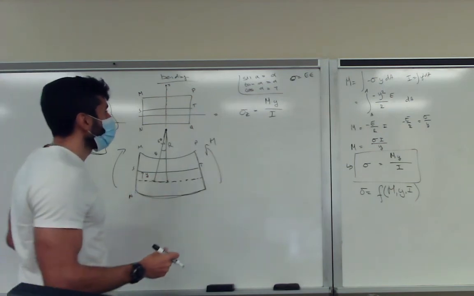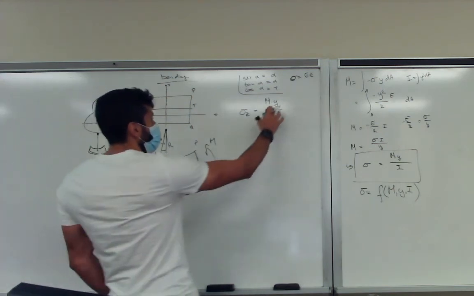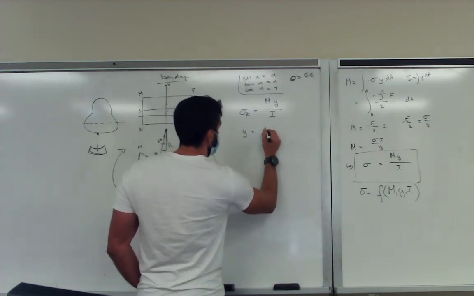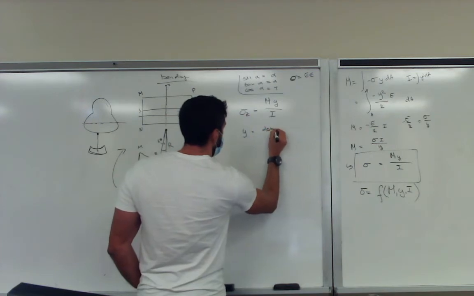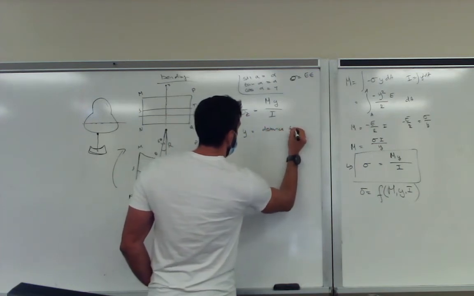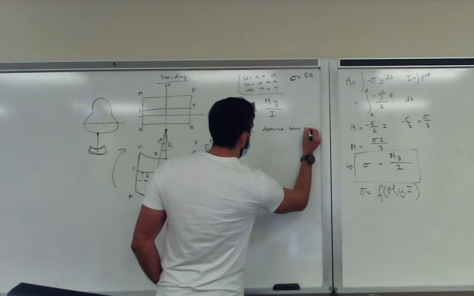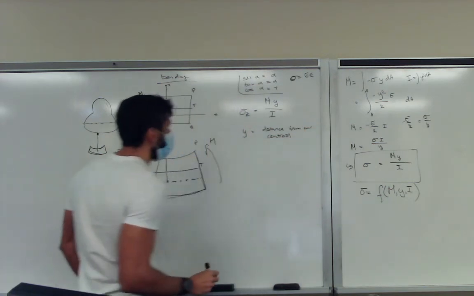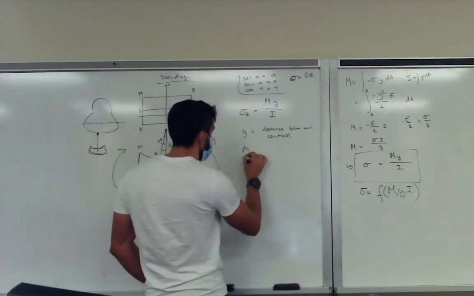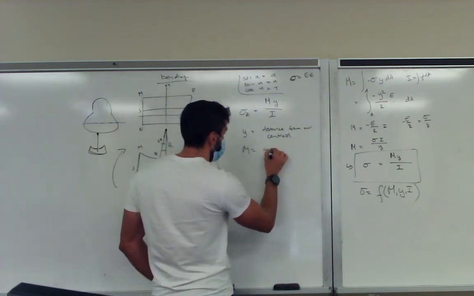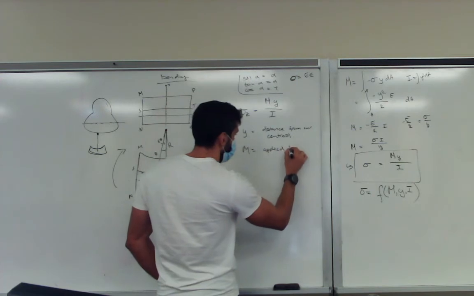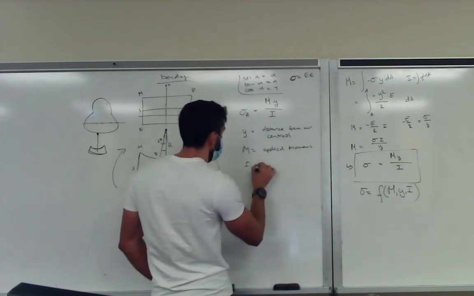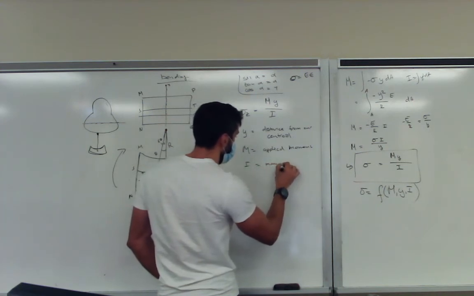Now we know a couple of things. This distance y is the distance from our centroid. M is our moment, the applied moment. And I is the moment of inertia.